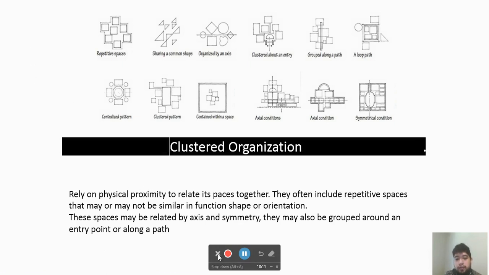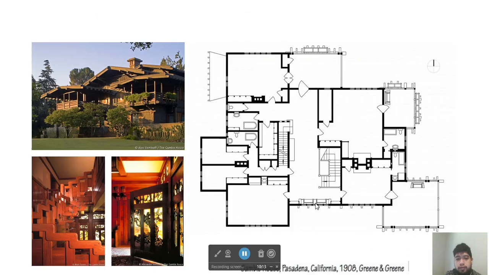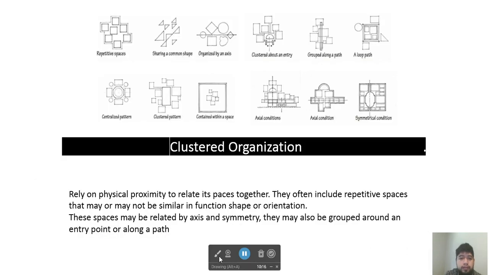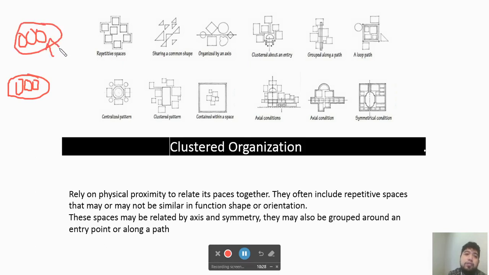Basically, you have a lot of circles, right? And you have squares. And so the idea is putting all the squares together and all the circles together. In this case, a circle could mean they need exterior light. A square could mean they don't need a lot of light, they're more private.